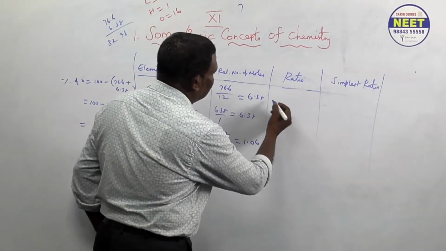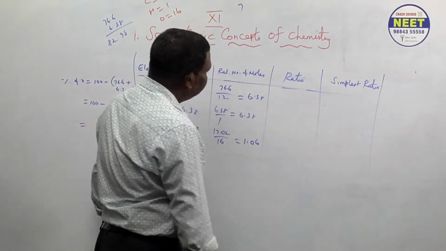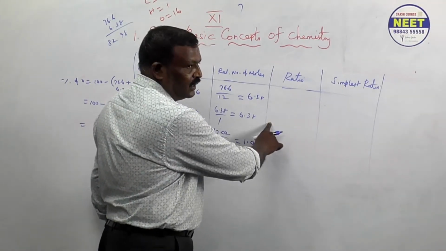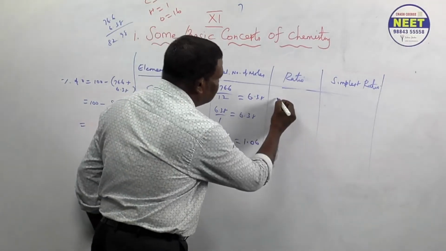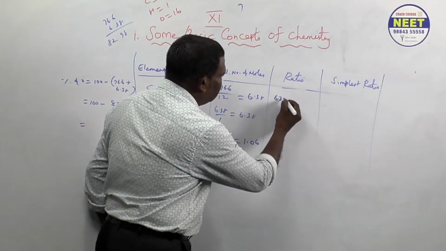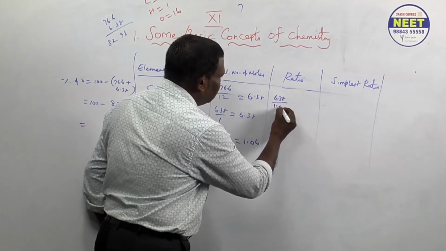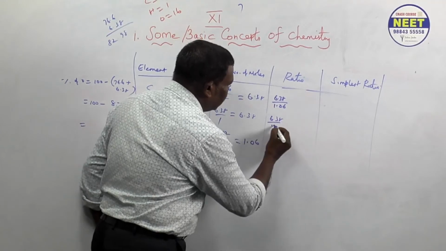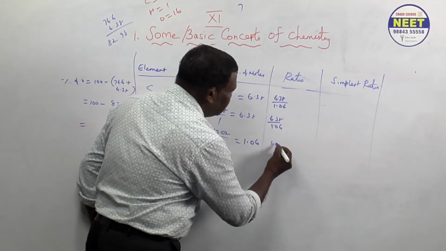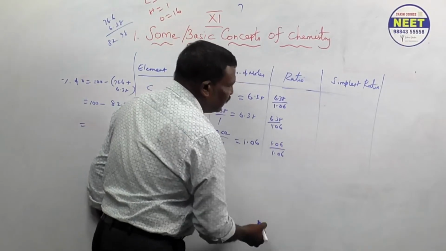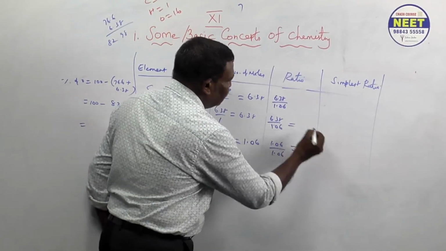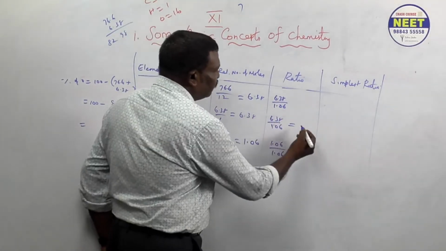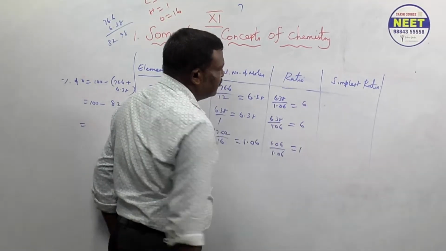Here we get 6.38 by 1.06, nearly 6 times.